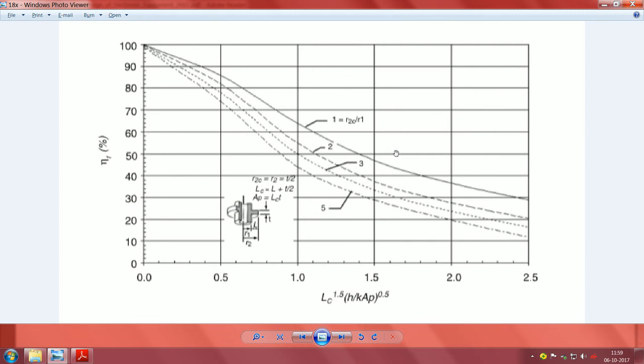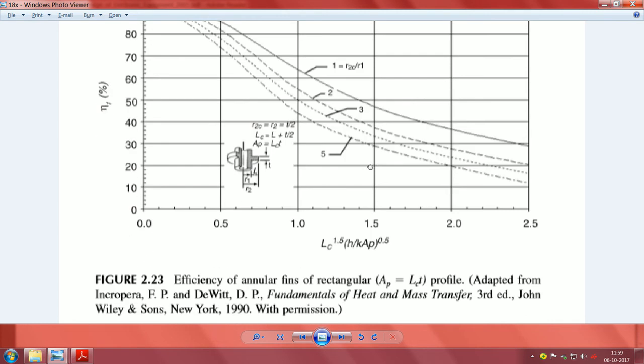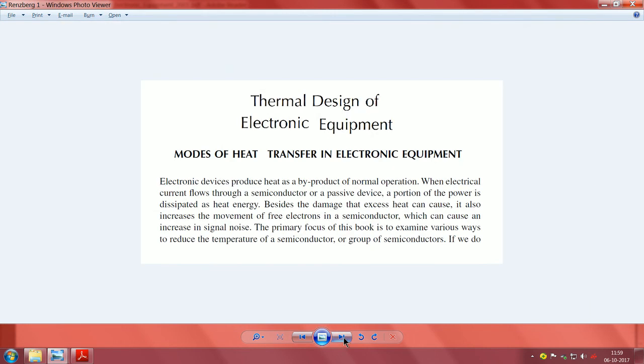Same thing about circular devices. In case these things vary and they are tapered and all that, that is what can happen. At this point, I think I will stop.